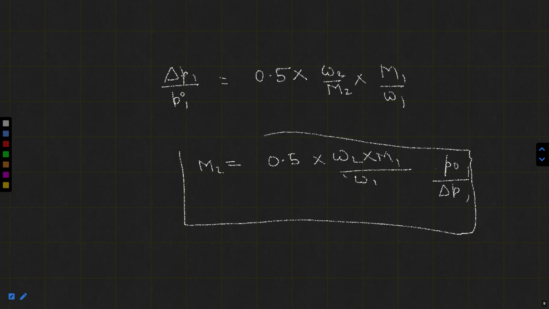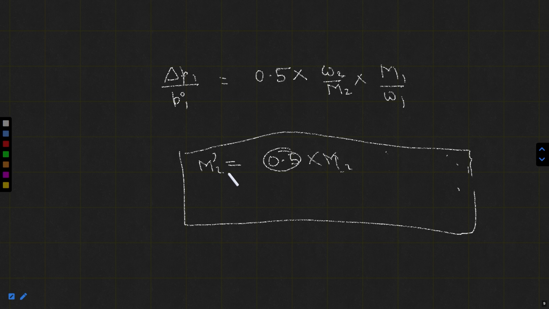So this will be our new M2 rather than this. So if this I was not here, we can replace this whole thing by the initial M2. Suppose I am saying it as M2 dash. This one is M2 dash after 0.5. So you can see that this M2 dash has been reduced by 0.5. So this should be clear.